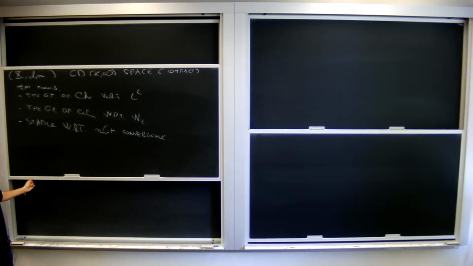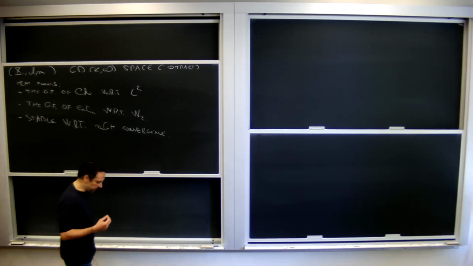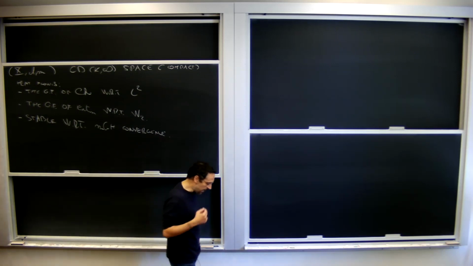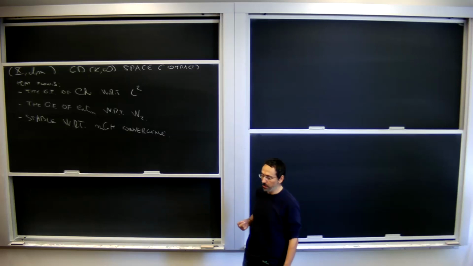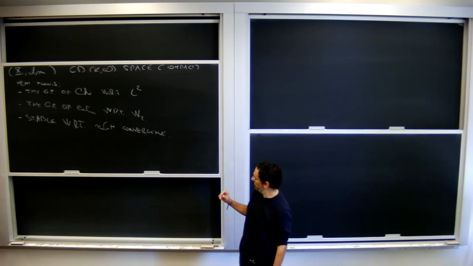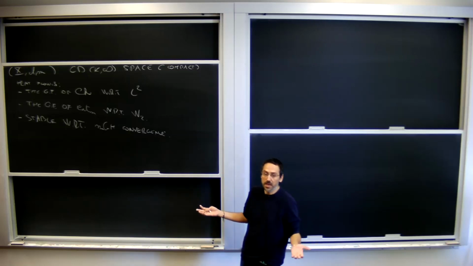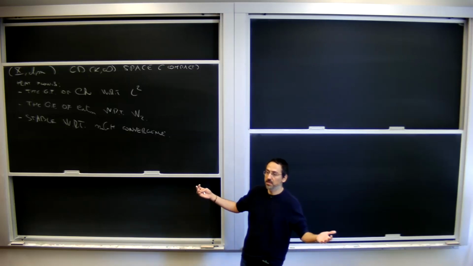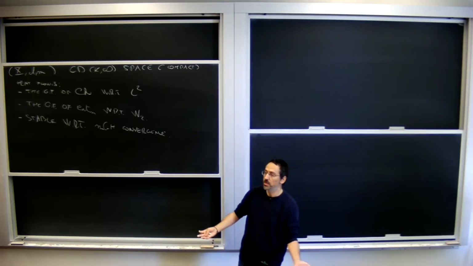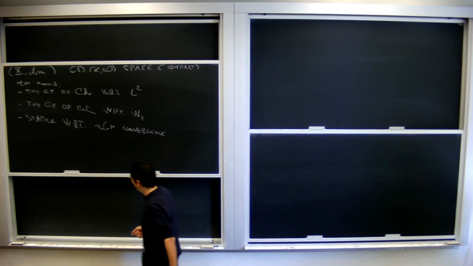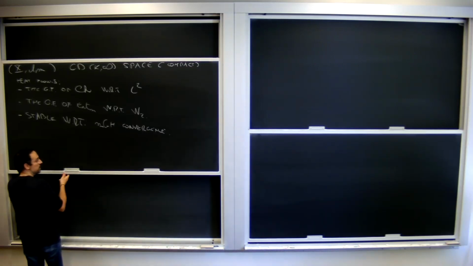Now, if you remember a couple of lectures ago, I said that as nice or natural as this idea can be, the point is not only throwing definitions, but actually proving statements about the definitions that are thrown on the table. So what can we say about a CD(K, infinity) space or a heat flow if we further assume that the heat flow is linear? Okay. And today we start seeing this.